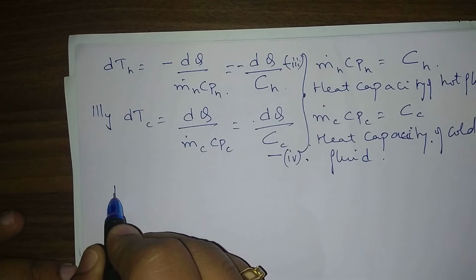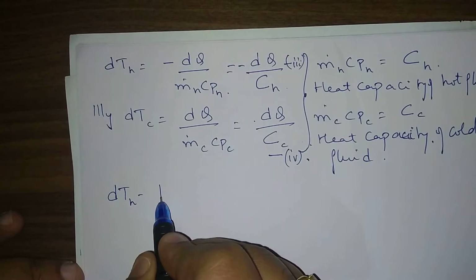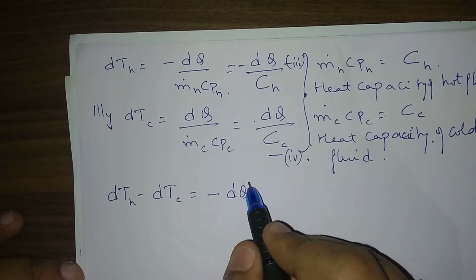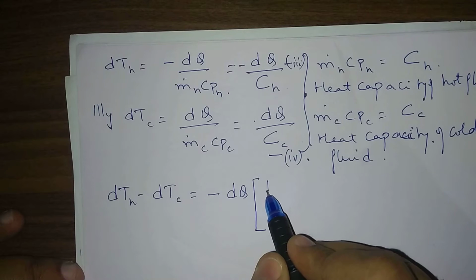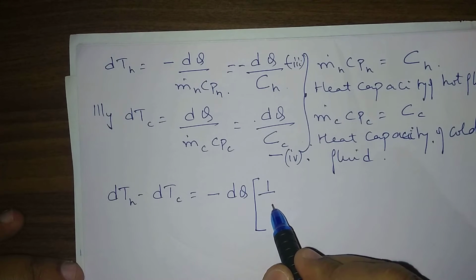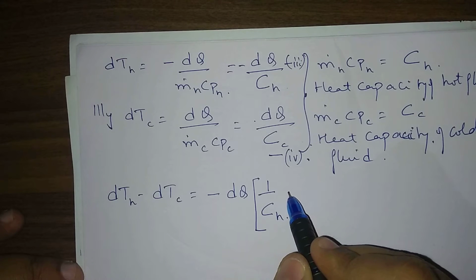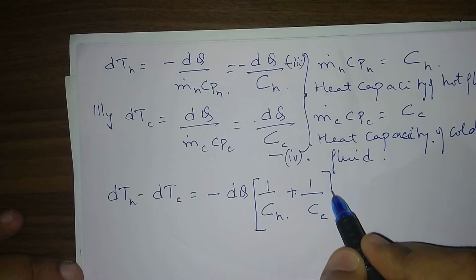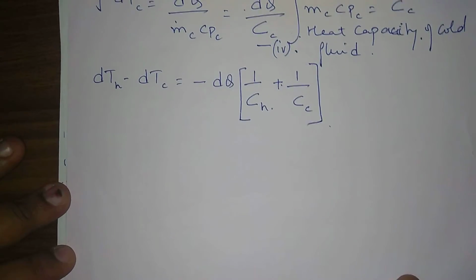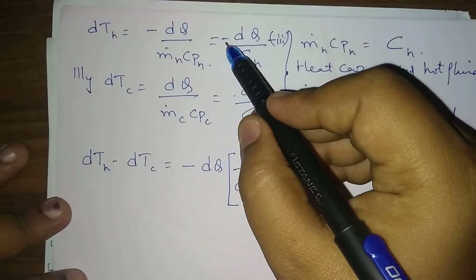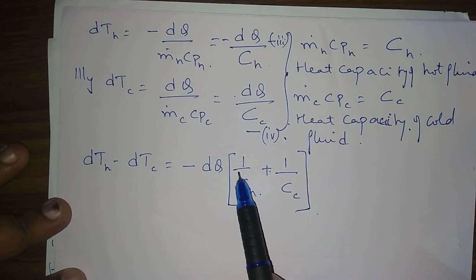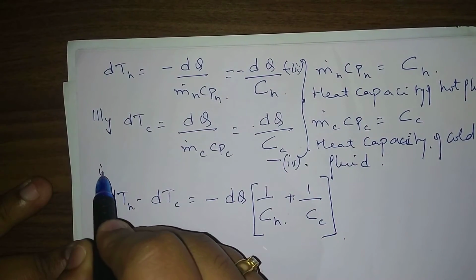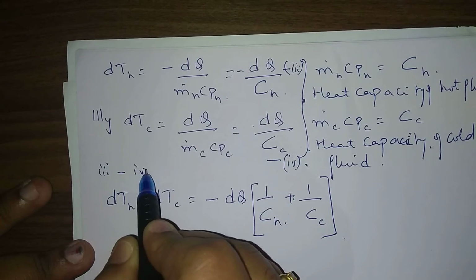So what am I going to get? dTh minus dTc equals minus dq into, please observe here, 1 divided by Ch plus 1 by Cc. Can I write it like this? Do you agree with me? Already one minus sign is there, so that's why I've written it here, since we are subtracting equation 3 minus 4.